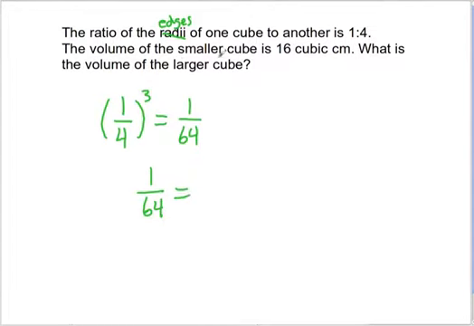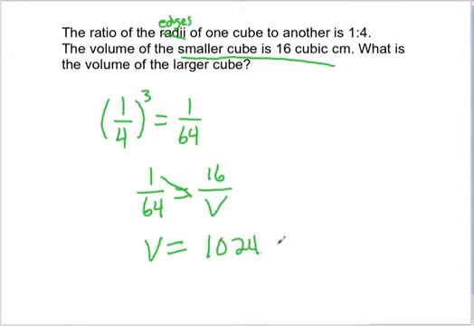The volume of the smaller cube is 16. I'm going to put that on top because it's in the same position as the 1 here. And I'm just going to call the volume of the larger one V. So let's cross multiply. 1 times V is V. And 64 times 16 is 1,024. And that would be cubic centimeters.